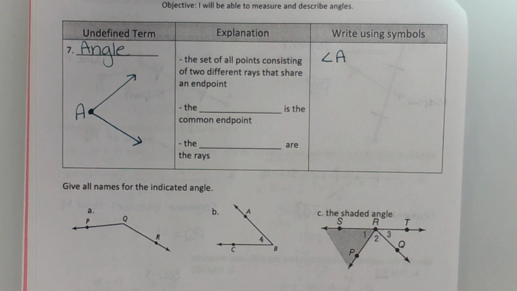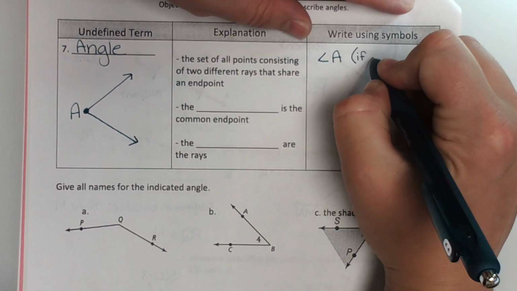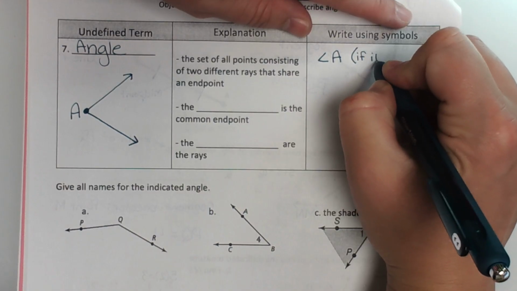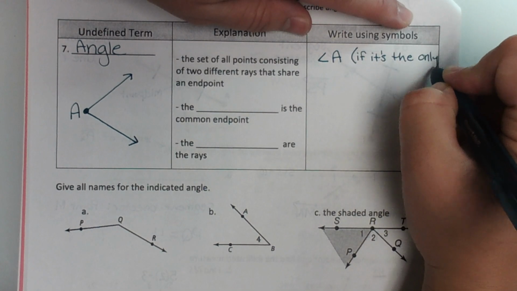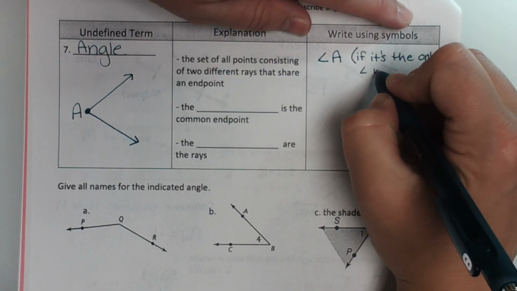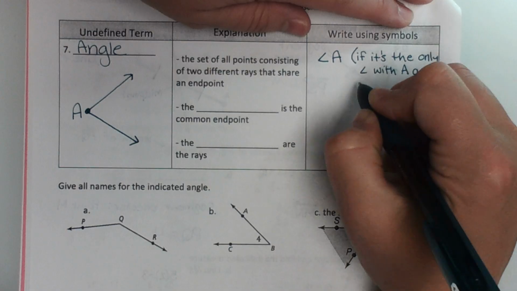So, the moment I have another ray coming off of this endpoint, I can no longer use a single letter name. So this only works if it's the only angle with A as an endpoint.